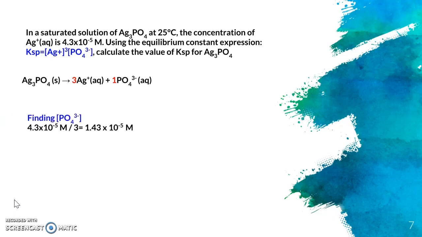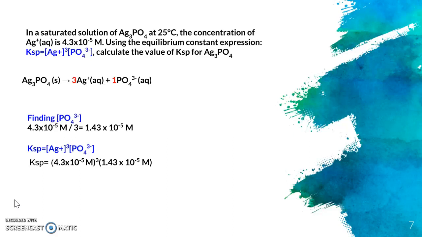Because we're given the silver ion concentration and it's a 3:1 ratio based on the BCE, we can divide that concentration by 3 to get the phosphate ion concentration, which will be 1.43 times 10 to the negative fifth molar. And then we can use the expression to input the values that we found and were also given.